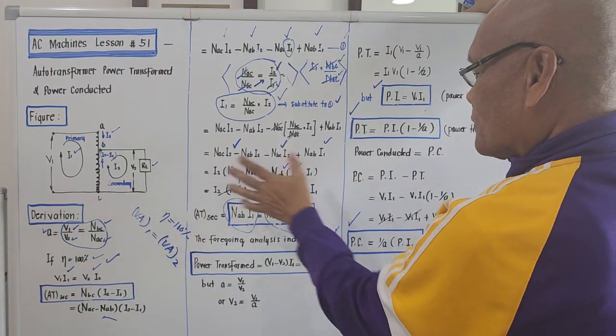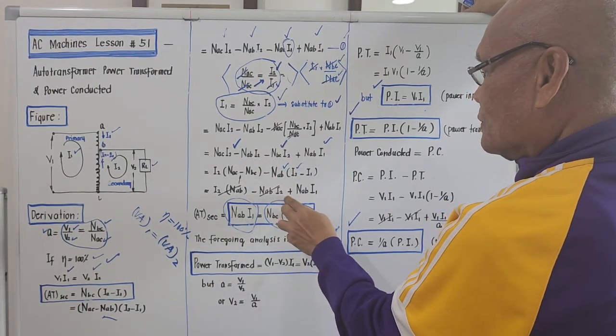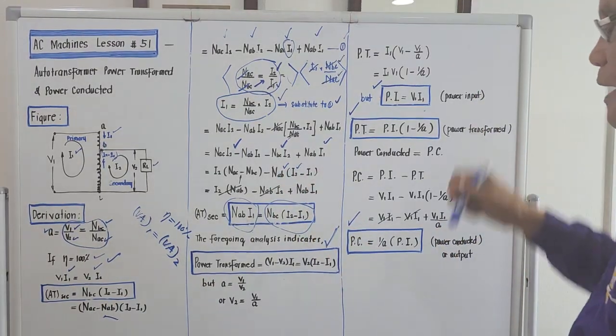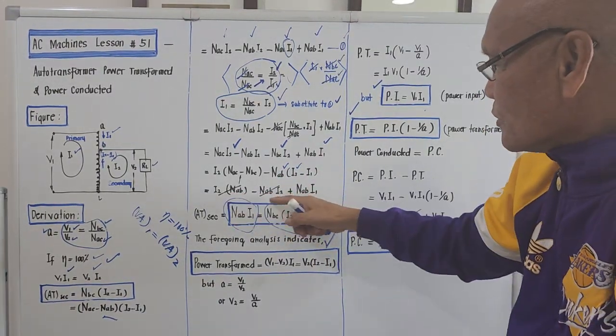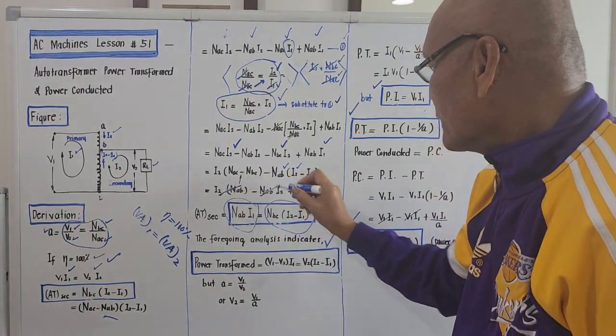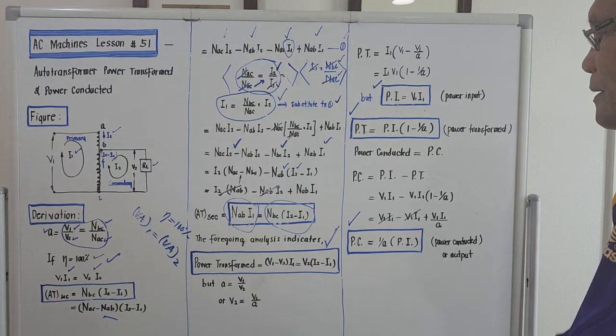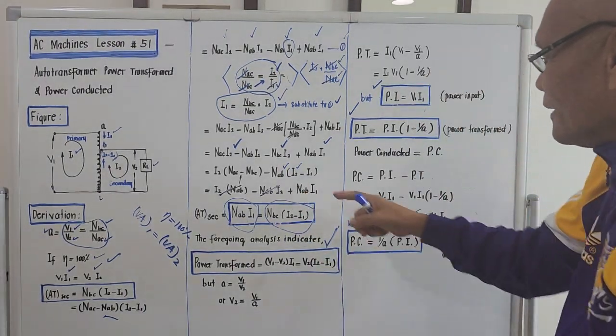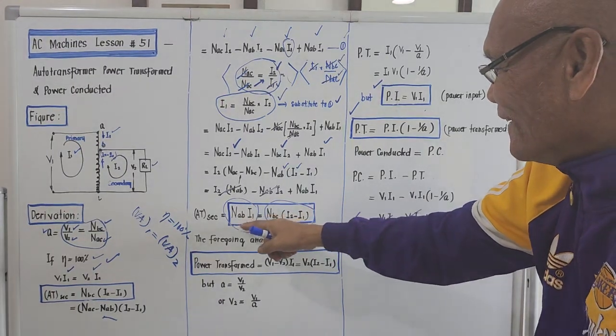We simplify: minus NAB I2, and a minus and a minus will be plus NAB I1. And luckily, this is plus and this is minus, they are both similar, so they cancel out. So what remains? The right hand side will be equal to NAB I sub 1.